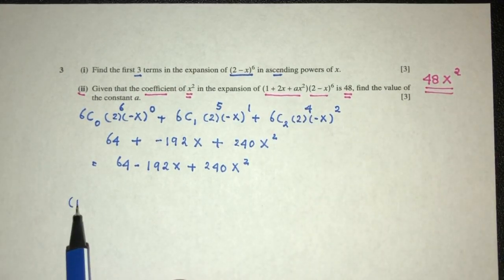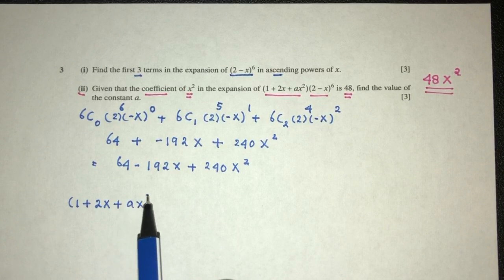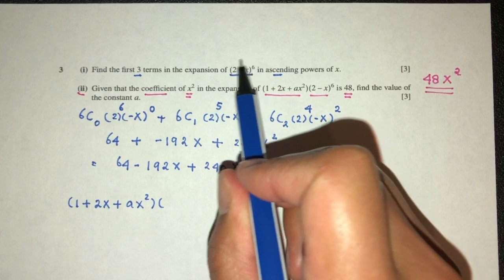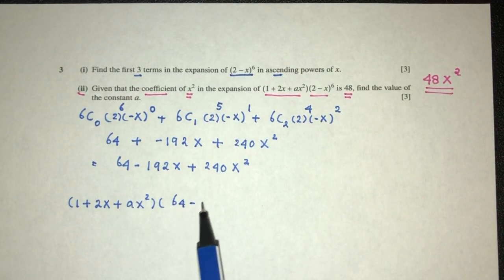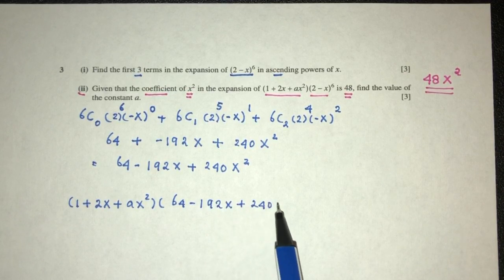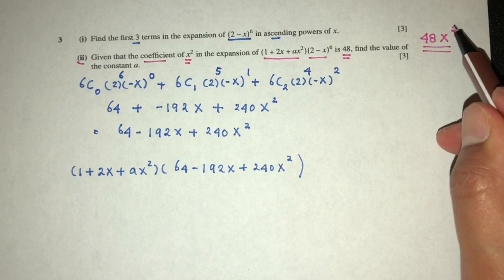So here we have 1 plus 2x plus ax squared multiplied by this same thing that we used here, right? So we have to use part 1, which is equal to 64 minus 192x plus 240x squared.